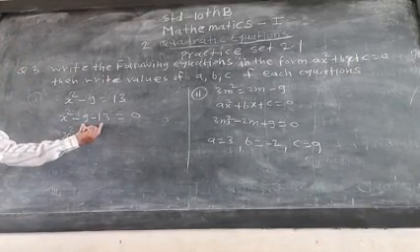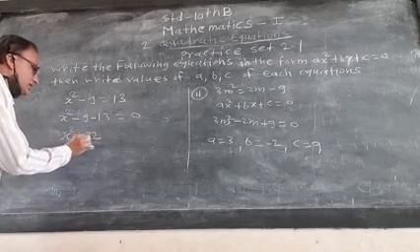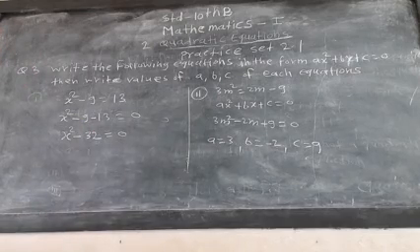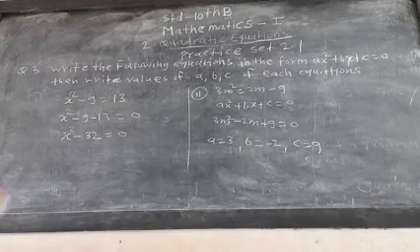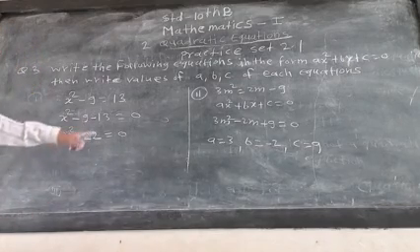Addition of these two numbers gives x square minus 39 equals 0.